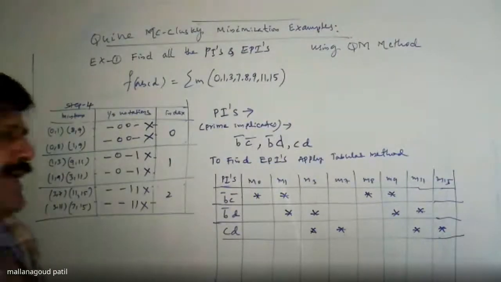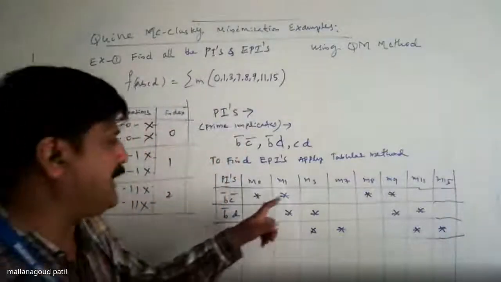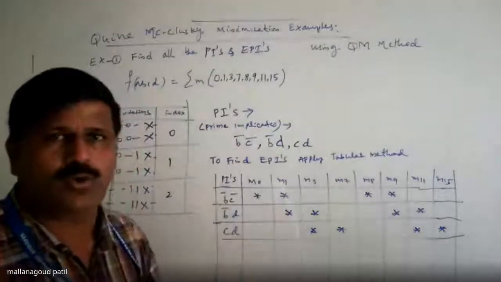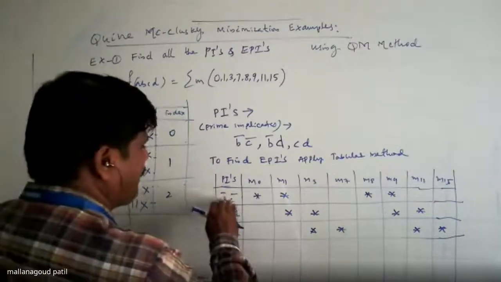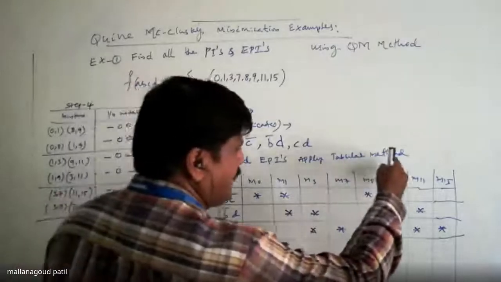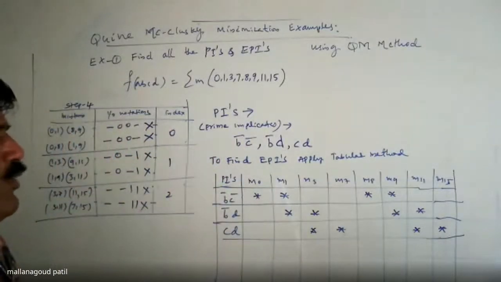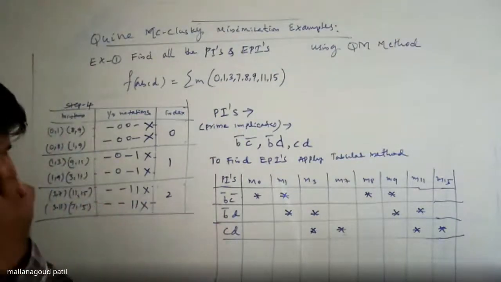If I mark a horizontal line, where a minterm crosses with a star, a vertical is allowed. Take one example: if I take B bar C bar, then M1 is vertical and M9 is vertical. Now what I am doing here, I can go for B bar C bar and CD, which will cover all the minterms.